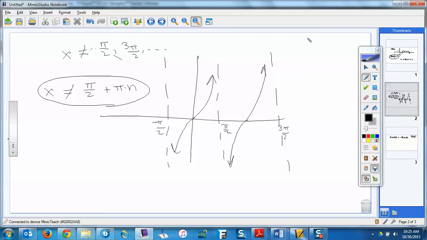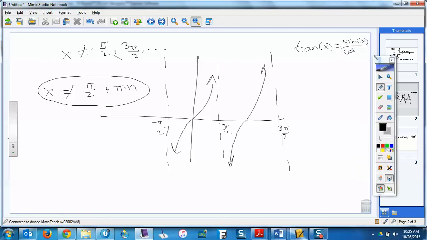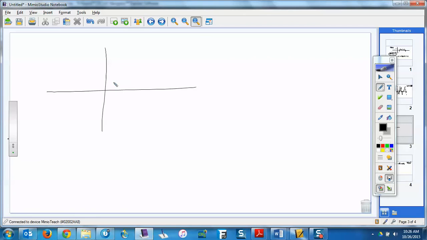C is interesting. Tangent is sine over cosine, right? We all remember that? Now, what do they mean by use the properties of sine and cosine to show that tangent is odd? What do we say about sine? Odd or even? Sine is odd. Sine has origin symmetry.